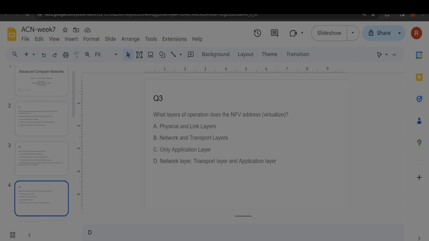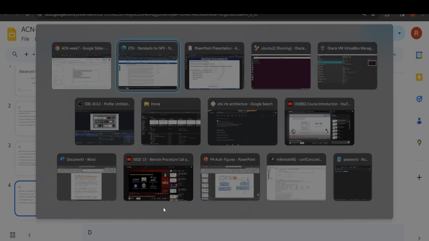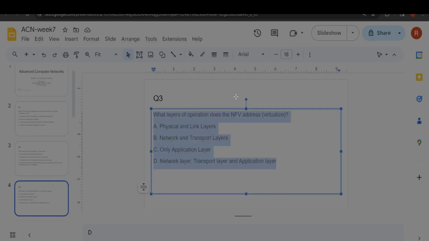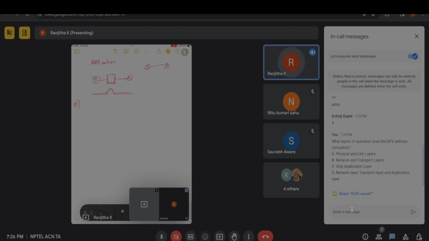Okay, I will paste the question in the chat. So what layers of operation does NFV address? So we know, right, we have layer 7, no?